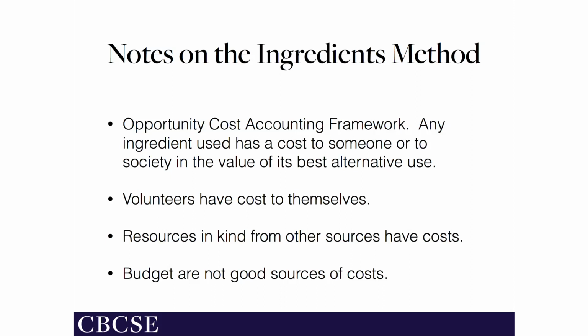So the cost accounting framework is basically where you just have this comprehensive list. So it's pulling from this economic conceptual idea and from accounting. That's sort of the history of where this is from. One thing to keep in mind as we start working through, and this is always difficult, but volunteers, they have a cost. It's just that that cost is borne by themselves.